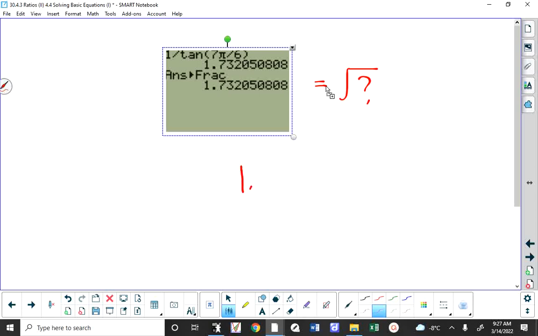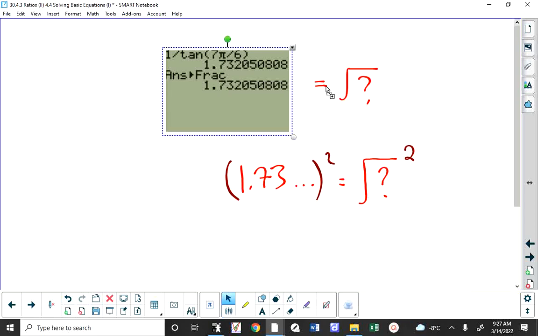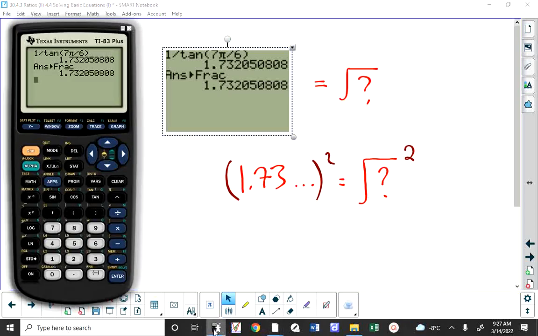I've written 1.73, I'm not going to write all the decimals, equals the square root of some number. Well, how can I find that? I can square both sides. And that will give me the number that's under the square root. So if I square that, what do I get? I get 3. Oh, so that's root 3.